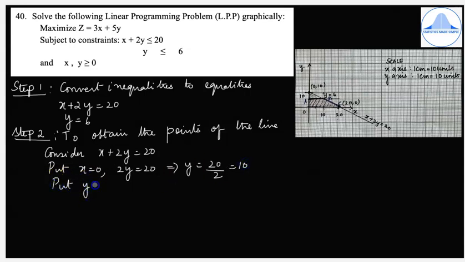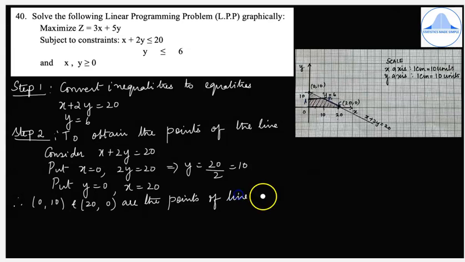Next put y equal to 0. You get x equal to 20. Therefore (0, 10) and (20, 0) are the points of the line x plus 2y is equal to 20. For the second equation, y equal to 6, you need not find any points. It will be plotted directly on the graph.